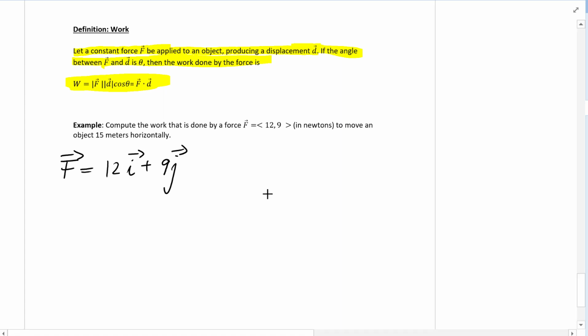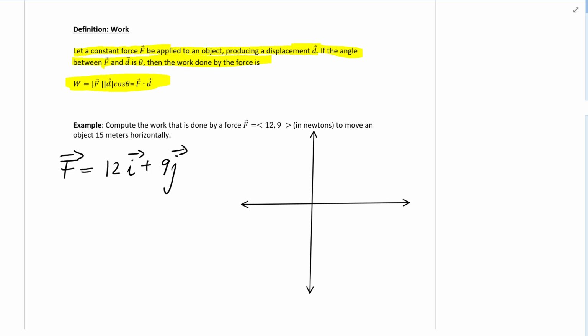So we can draw here just so that we can see what we are dealing with. If we say 3, 6, 9, 12, this would be 12i, and this would be 3, 6, 9j.